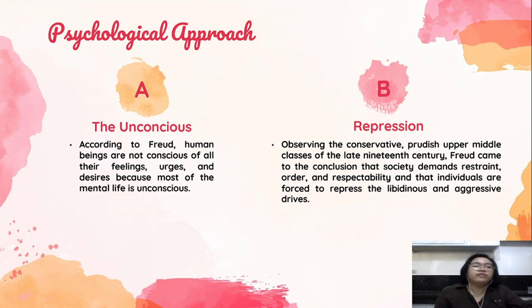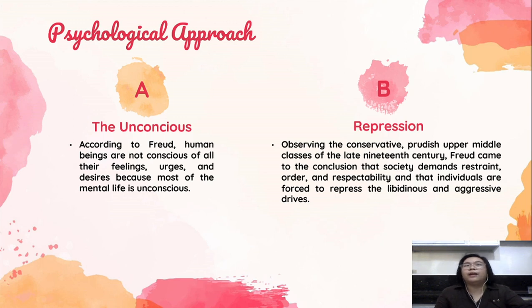So the idea of repression, according to Freud, is that one's libidos and aggressive drives may not be represented directly. These repressed desires emerge in dreams and in art. So that's why this leads to the use of symbols and subtext in dreams and literature.